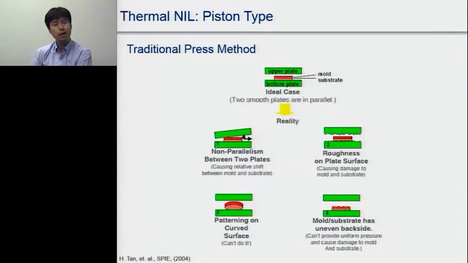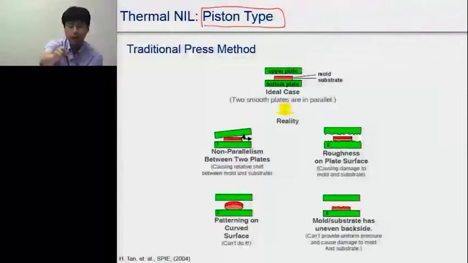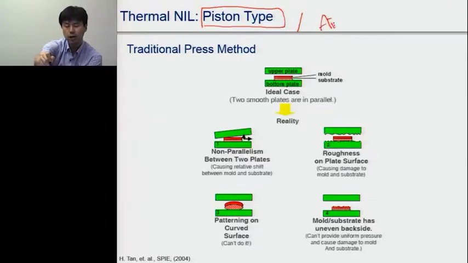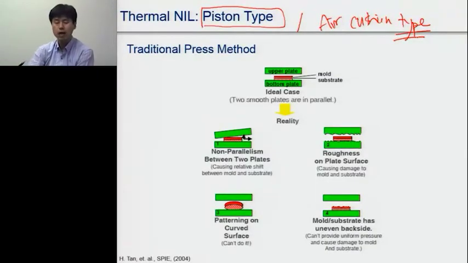So there are two types of systems: one is the piston type, and the other is the air cushion type. The piston type is very simple.